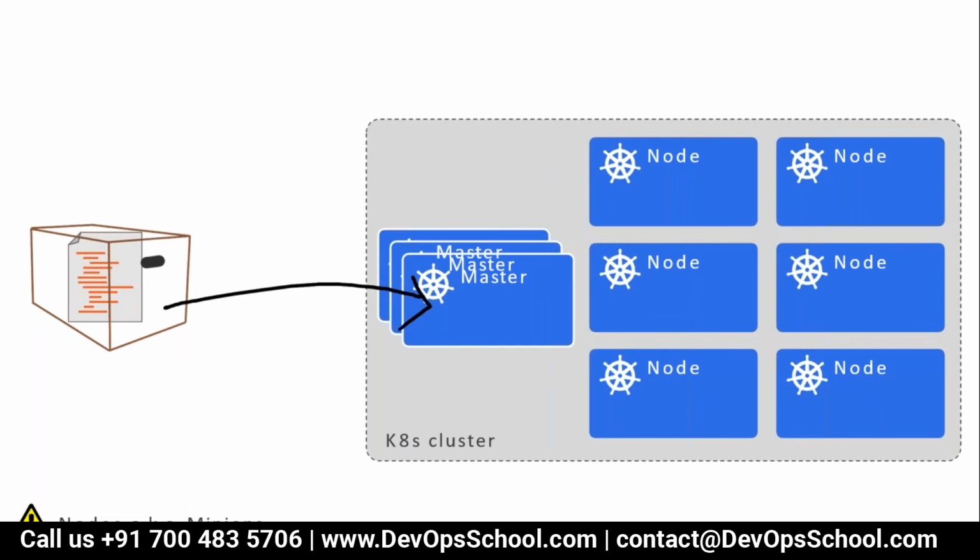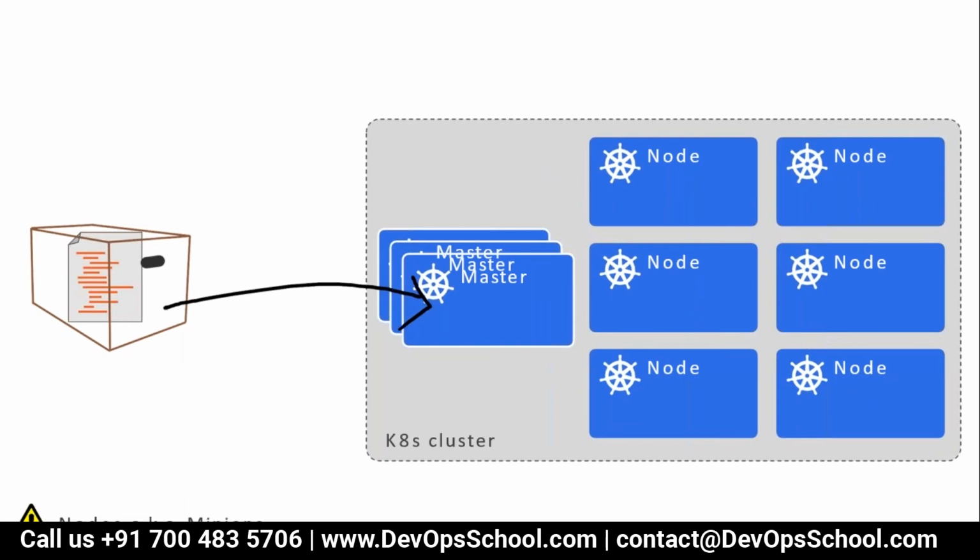Who manages what? Who manages multiple nodes? What is a node? A node can be your physical machine, it can be your virtual machine. Master manages the nodes. Master can also be a physical machine or virtual machine. In short, you have a cluster of nodes. Some nodes behave like a master, some nodes behave like a node.